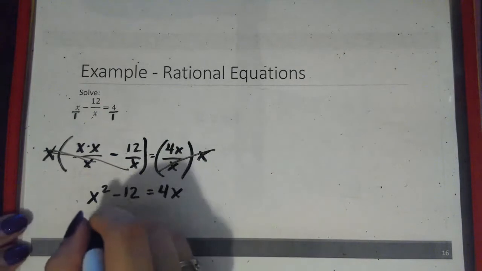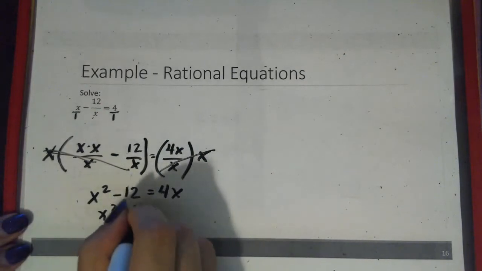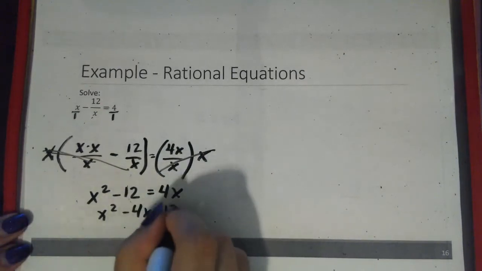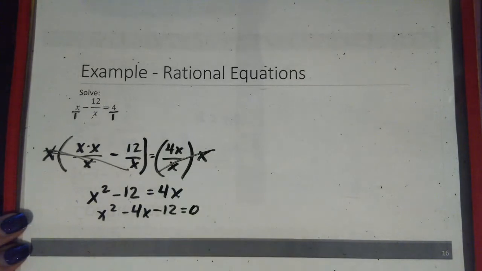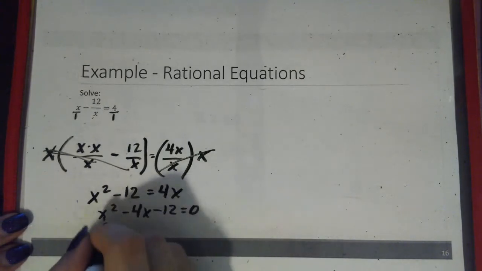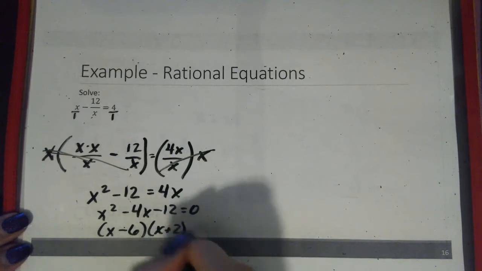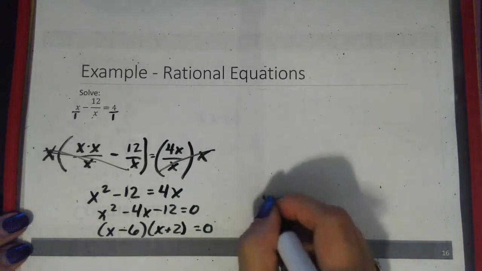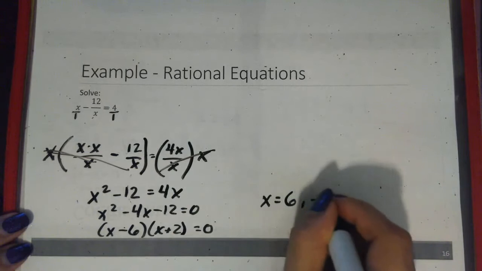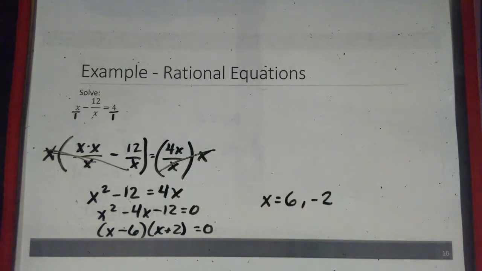I can move the 4x over, giving me x squared minus 4x minus 12 is equal to 0. That's going to factor into x minus 6 times x plus 2 is equal to 0, giving me x equals a positive 6 and x equals a negative 2. Those are my two solutions.